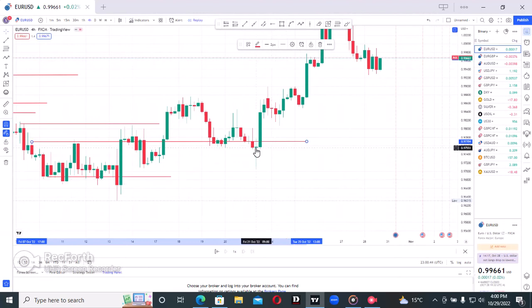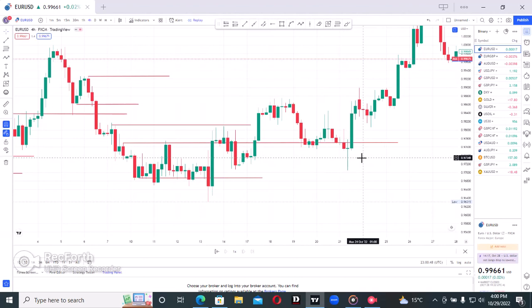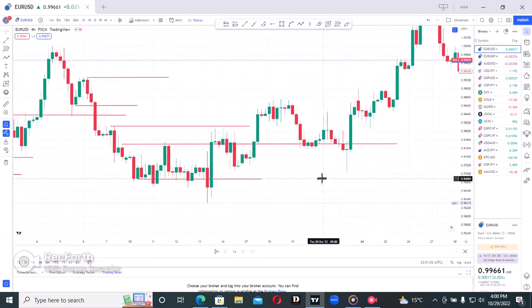I don't refer to this one as a pin bar. That's why I say it looks like a pin bar, but it can be maybe a doji. Yeah, this is the doji. Maybe dragonfly. No, this is not the dragonfly doji, but it's a doji.